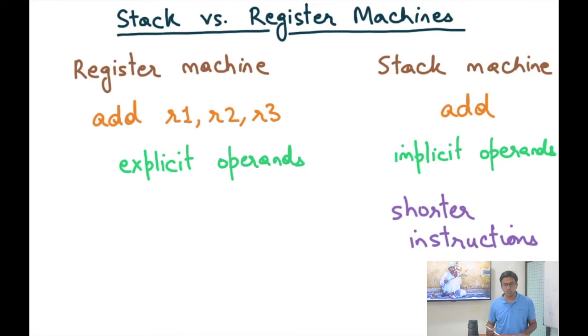Now, there are both advantages and disadvantages of a stack machine over a register machine. One of the big advantages is that the instruction opcodes are much smaller, or the instructions themselves take a smaller amount of space. As you can see, we just need to have the opcode, and because the operands are implicit, the instruction size itself is going to be typically smaller.